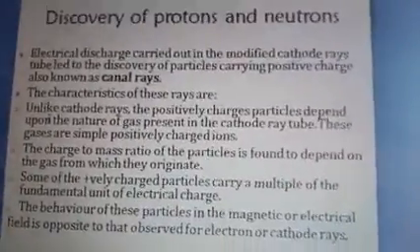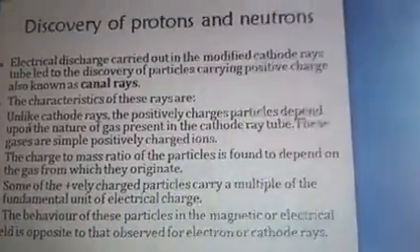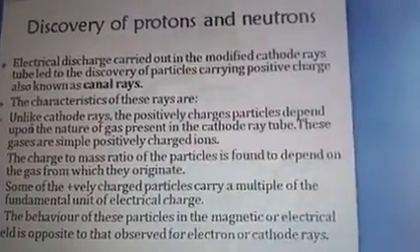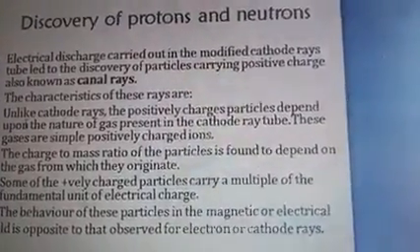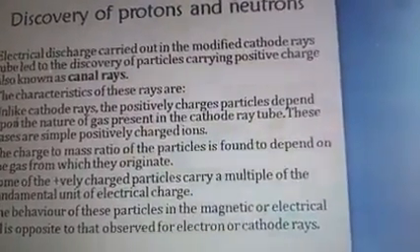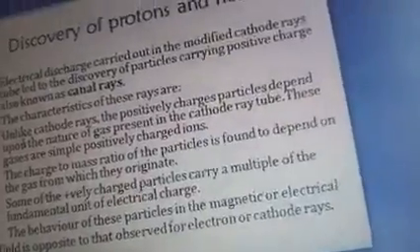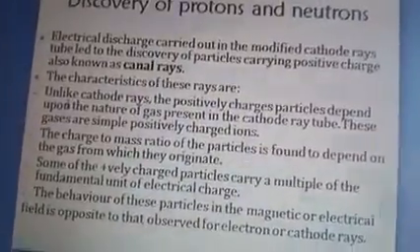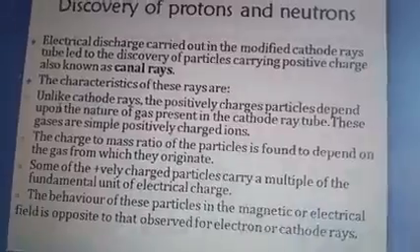we get a new type of ray. This time the ray starts from the anode and moves towards the cathode, and this ray is called a canal ray.